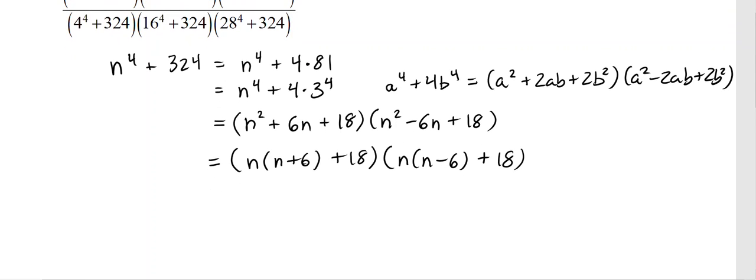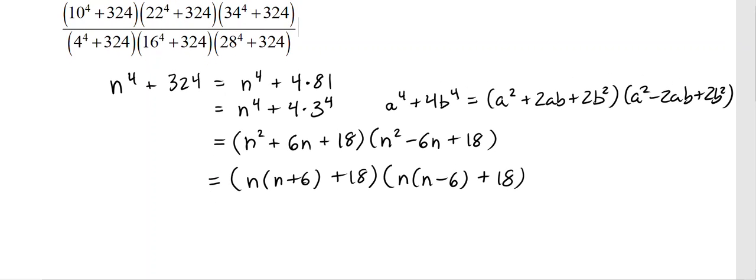All right, so now we're going to take that expression and write it in the form suggested by this factoring. We're going to begin with n equals 10. So we put 10 in and we get 10 times 16 plus 18 times 10 times 4 plus 18.